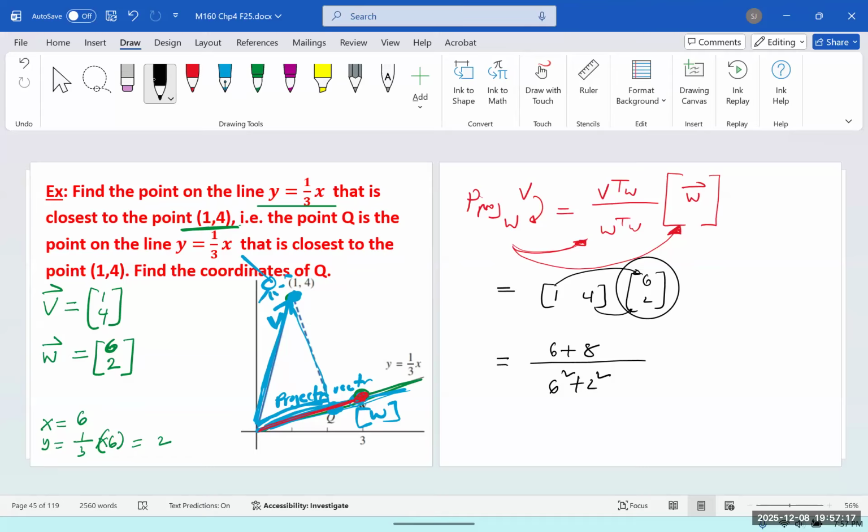You're just adding their squares. And then the result, whatever you get, you're projecting onto the W vector. So this is our W vector.